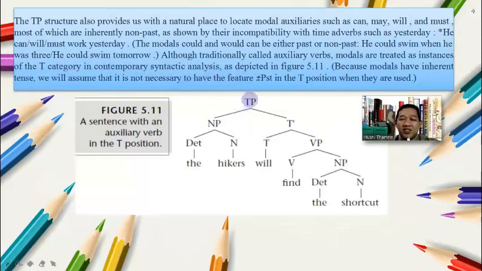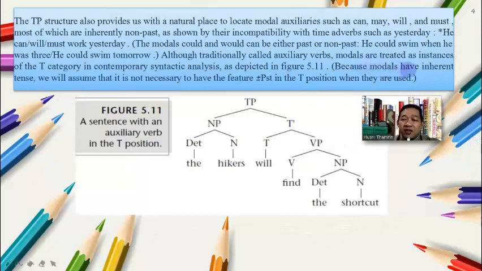Kita lihat di sini as depicted in figure 5.11. Nah, di sini a sentence with an auxiliary verb in the T position, tapi di sini posisinya bukan dalam bentuk past, tapi dalam bentuk biasa, dalam bentuk modal auxiliary, atau bisa dalam bentuk future.